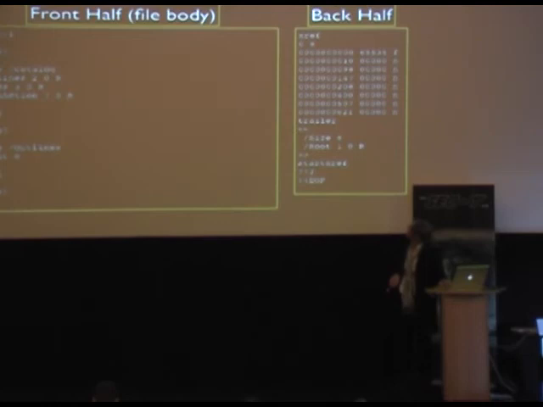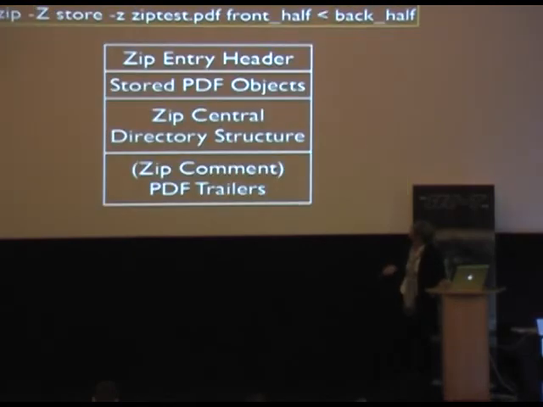So, me demonstrating. This is the general structure of a zip file. It's basically an entry header and then the actual file itself. And then at the end of the file is the central directory structure, which is kind of a copy of each of these with their offsets, and then a comment, which is optional.